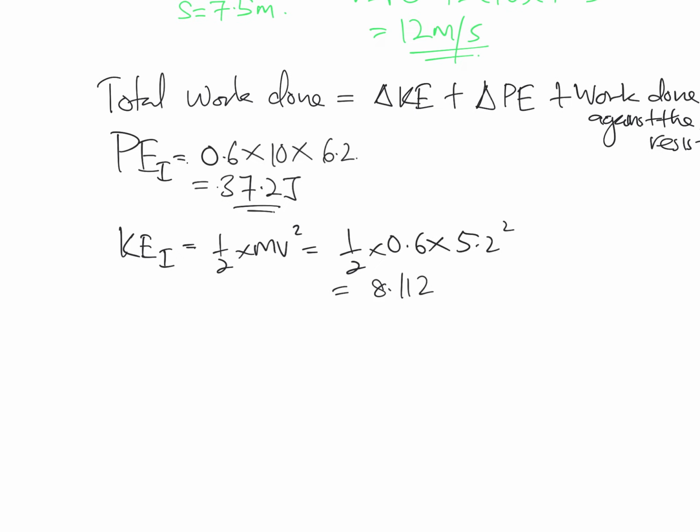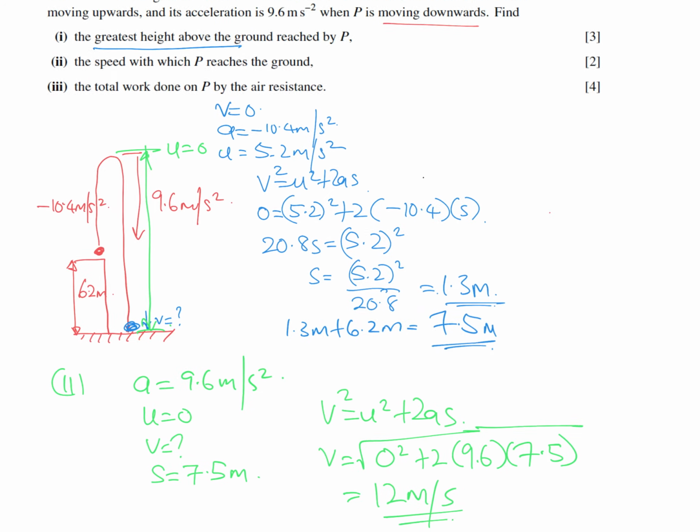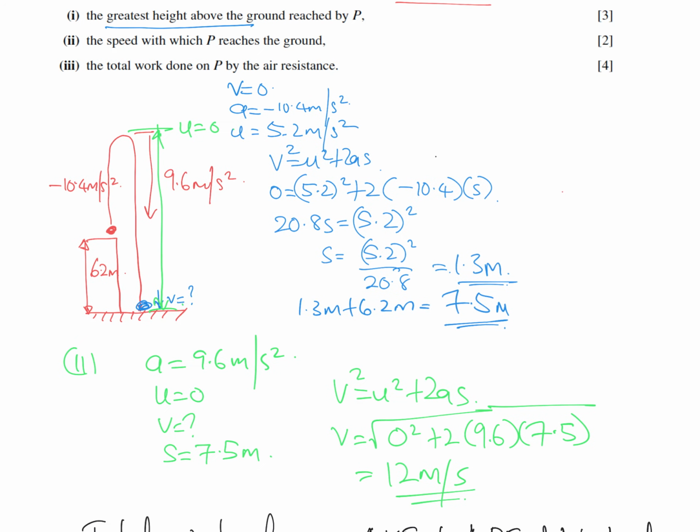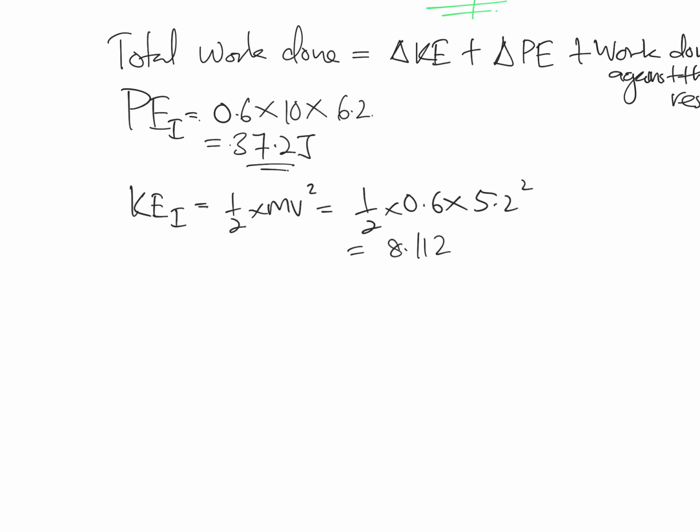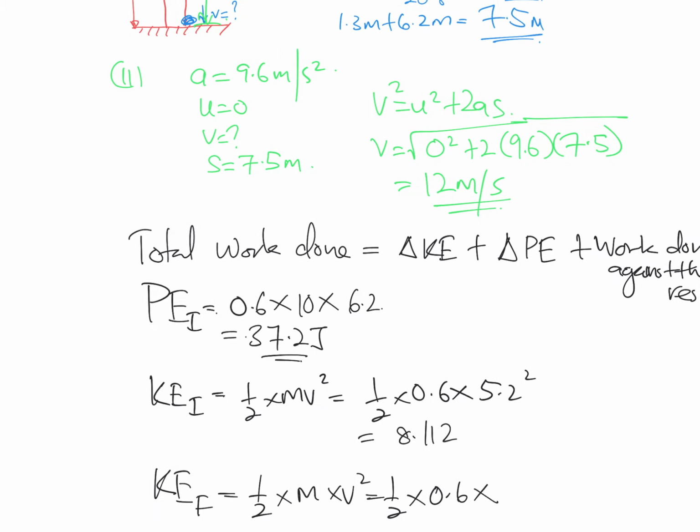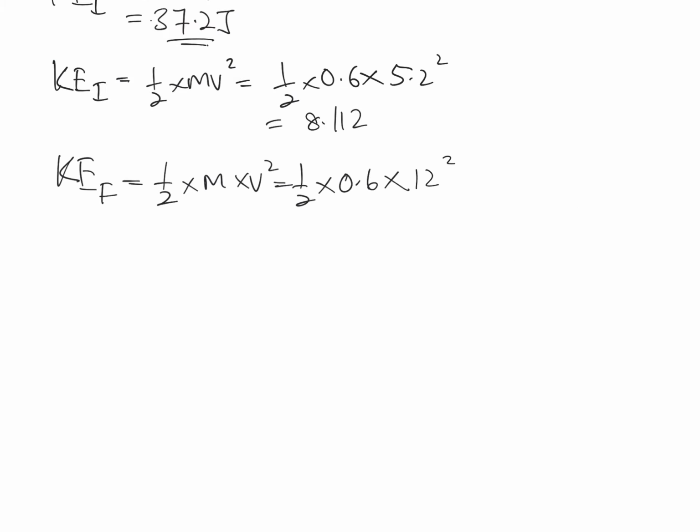Now, if you look at it, it goes up and then it comes down. So we can find the final KE. Final KE is half times m times v squared, half times 0.6, and we already got our final velocity, which is 12, so 12 squared, and the answer that I have here is 43.2 joules.